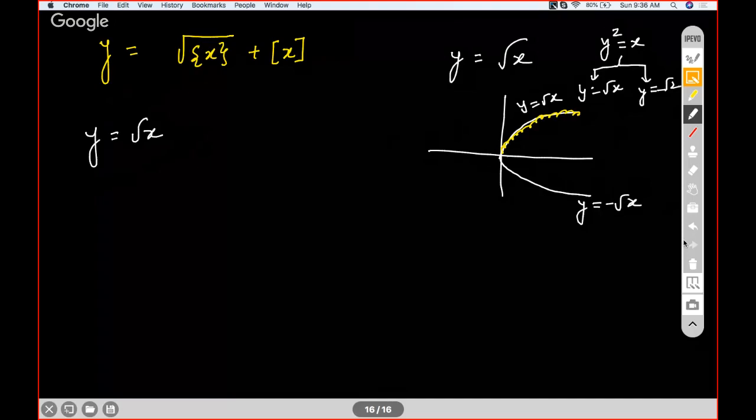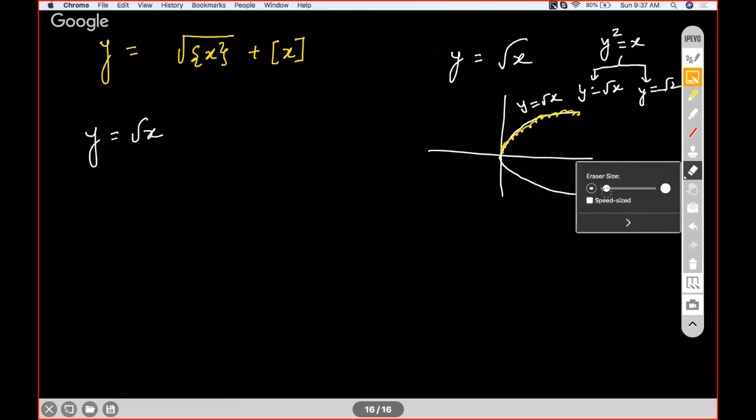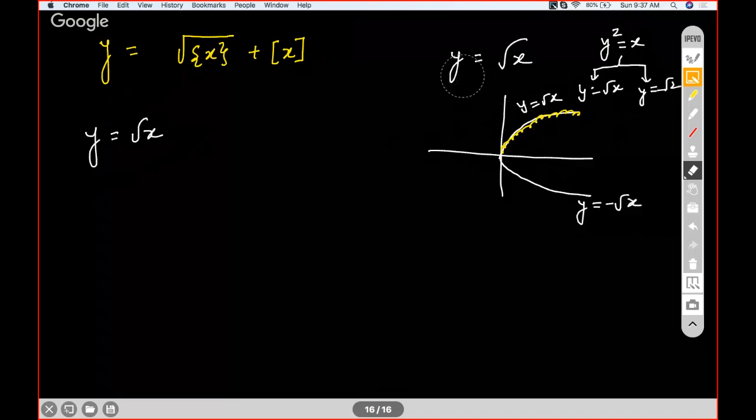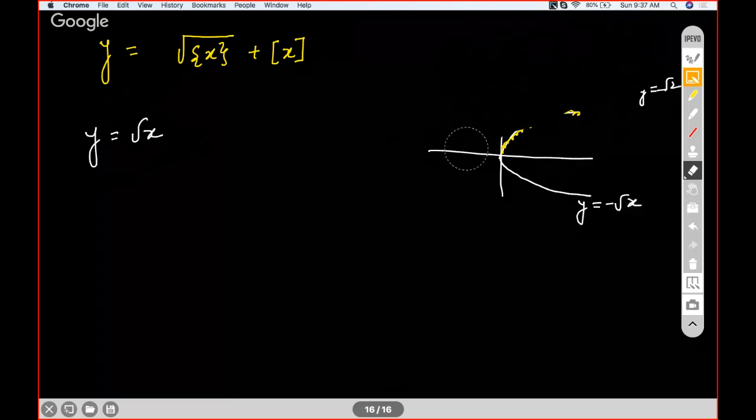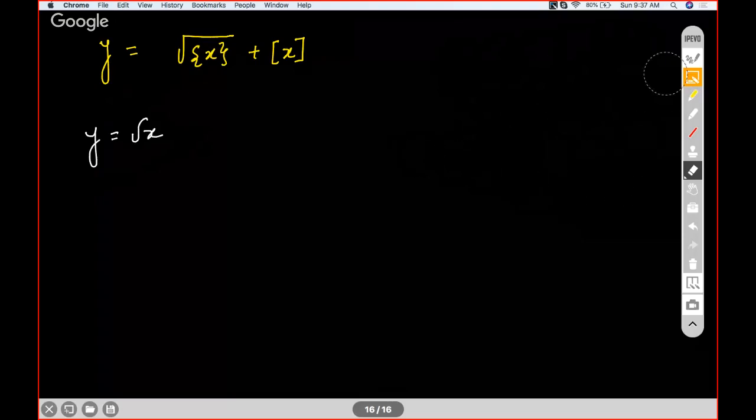Should I give you a hint? Work with intervals. First see what will happen between 0 to 1, then between 1 to 2, like that. That would be more helpful. Once you do 1 or 2 intervals, you'll know the trend of the graph. I'll help you with this.